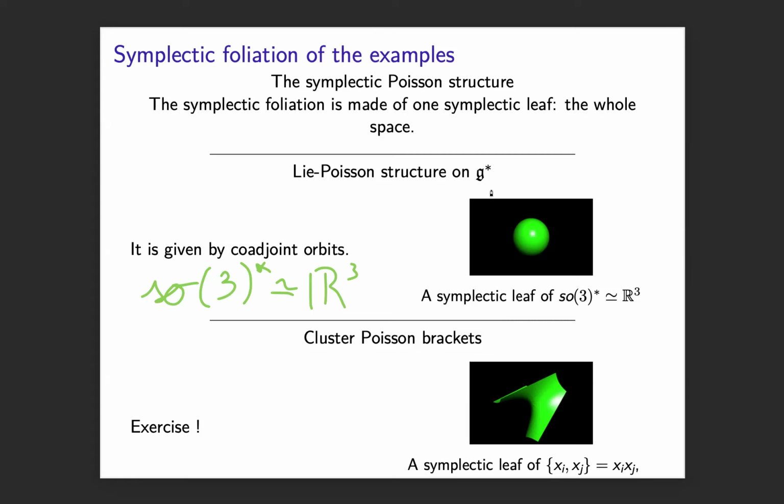So already on this example, you see that the foliation is singular because the origin is very different. The leaf at the origin is just a point, whereas all the other leaves are spheres.